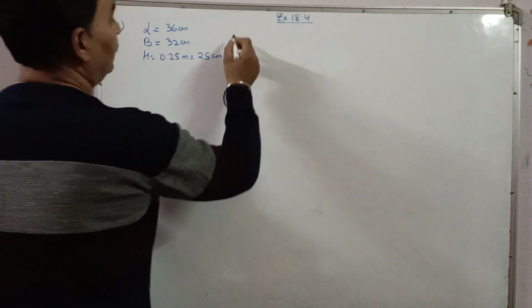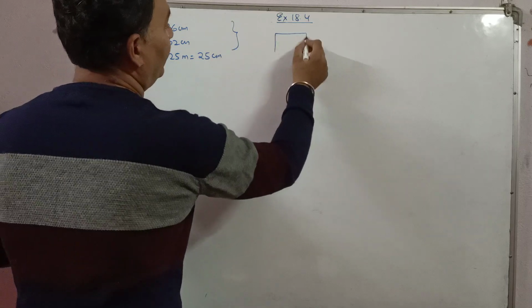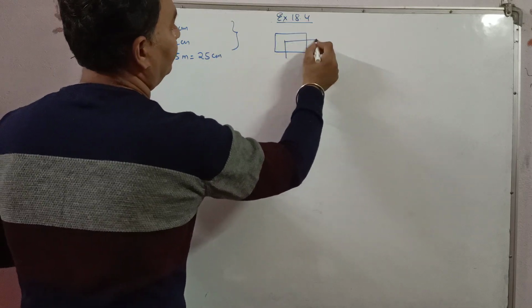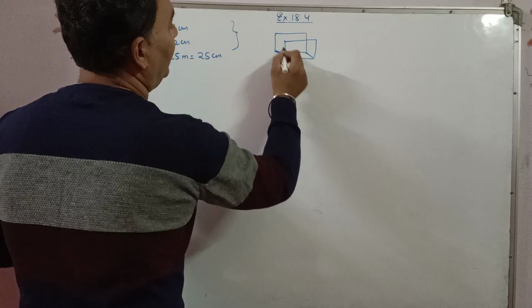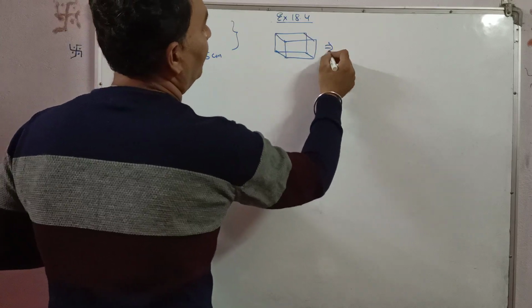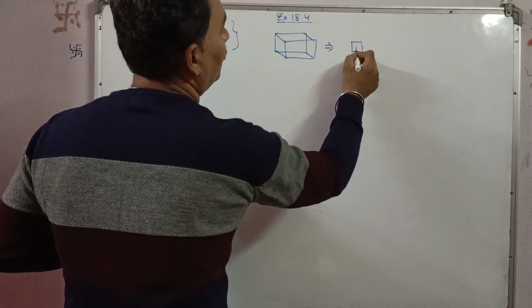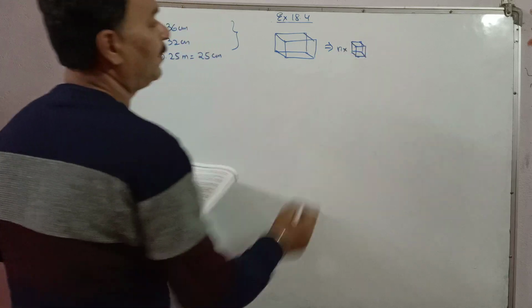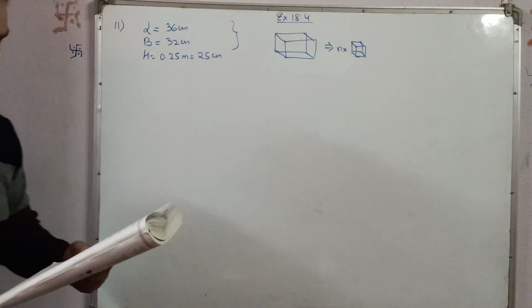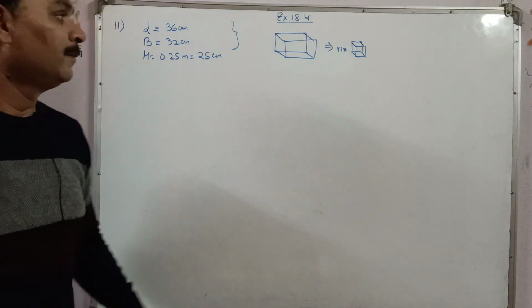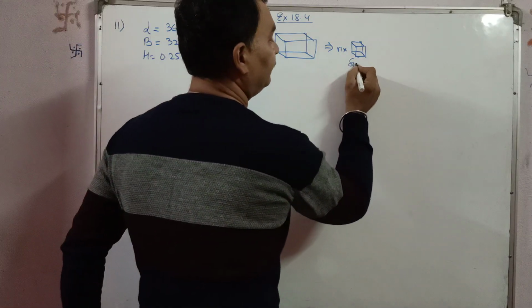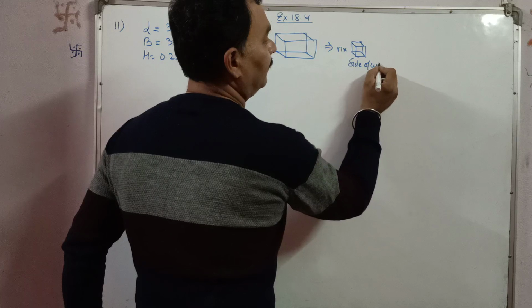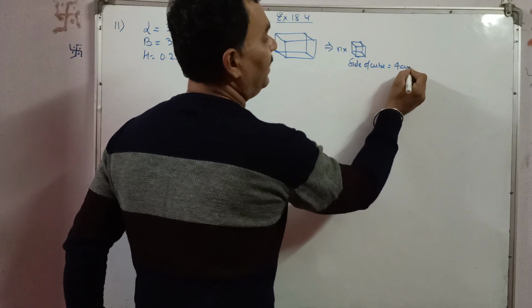Now, this cuboid is melted and formed into cubes, say n cubes. We don't know how many cubes are formed, but the side of the cube is given, 4 centimeter.